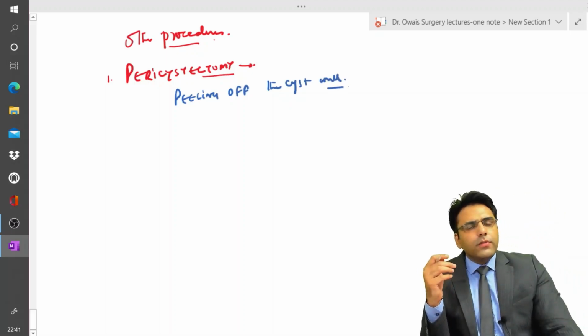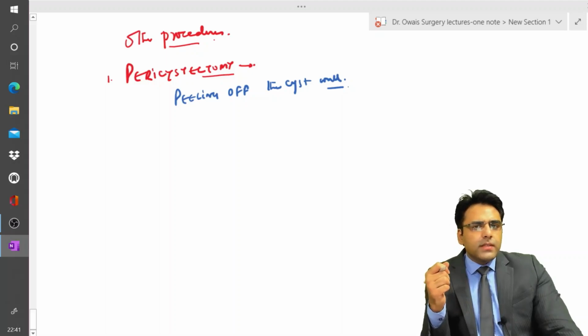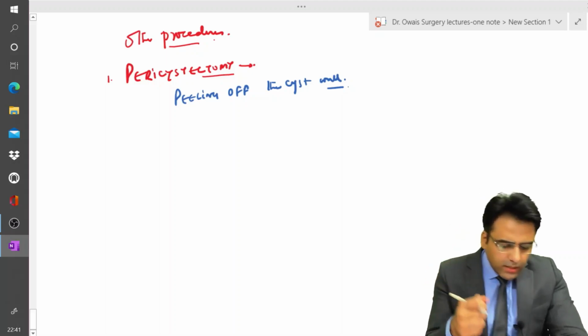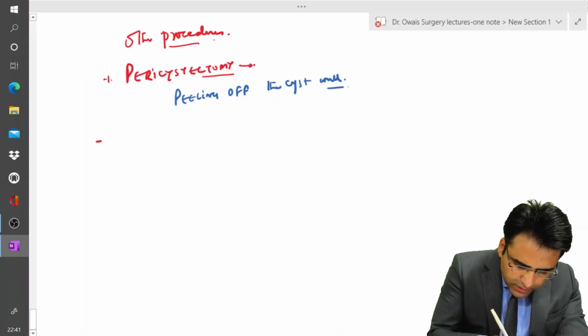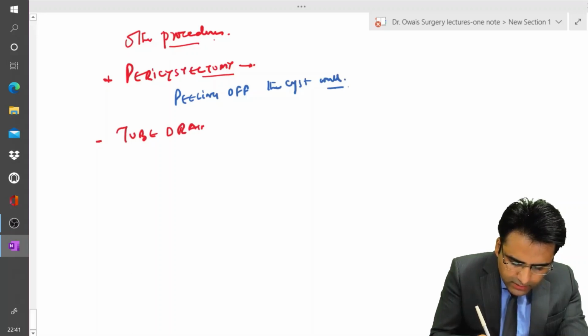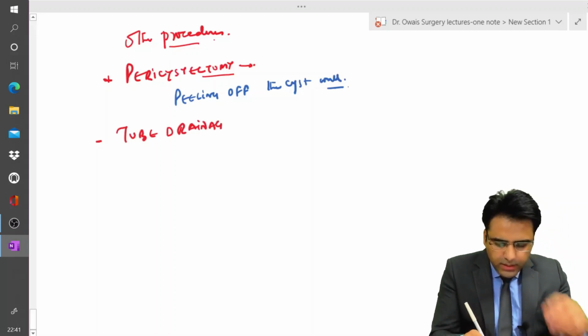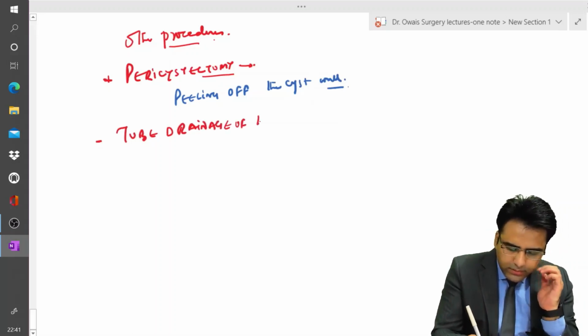After that, the abdomen is closed and a drain is placed. Nowadays, laparoscopic pericystectomy can also be done. Another modality is tube drainage of the cavity.